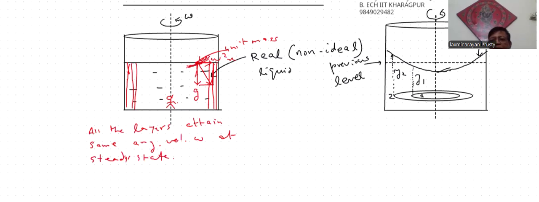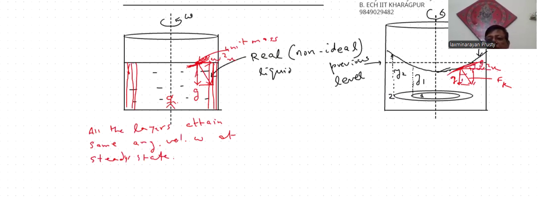Let me draw it here. g, omega square x, and the resultant force Fr. This is the tangent to the surface. So this angle is theta. It makes angle theta with the horizontal. So this is the same angle theta here.